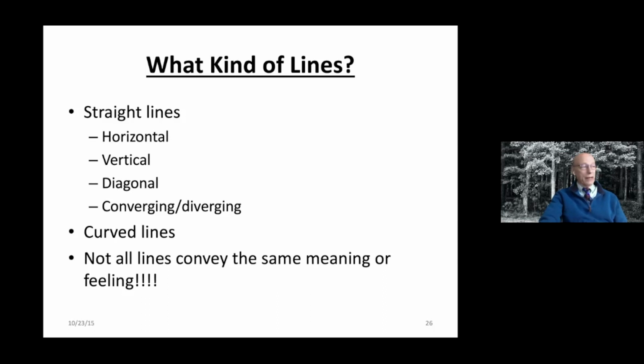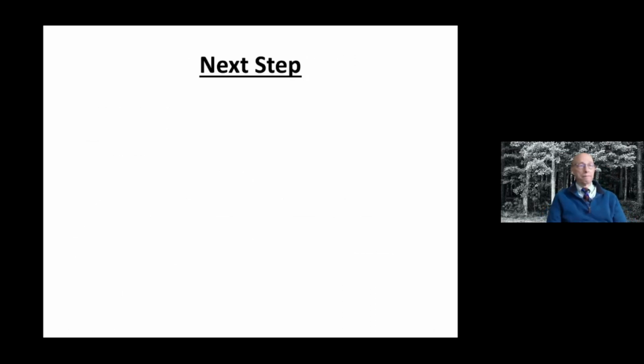There are curved lines. And again, not all lines convey the same meaning or feeling, and we've talked about that a little bit even today. These three, diagonal and converging, diverging, and curved lines, really help lead us through the image and get the viewer where you want them to go.